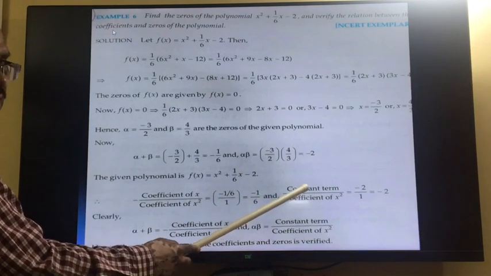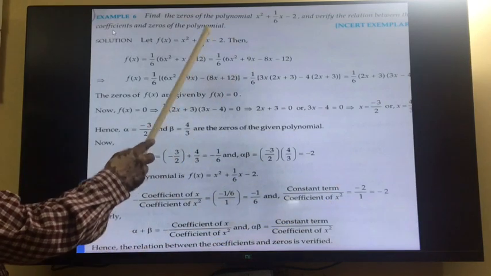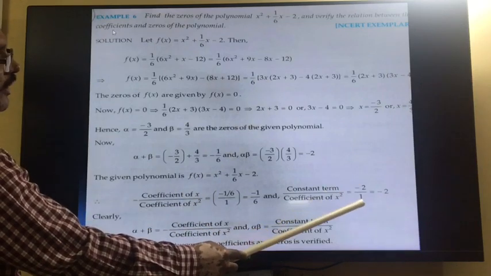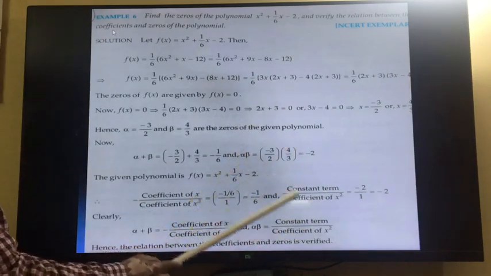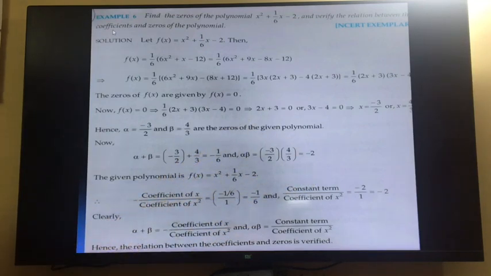Now you find out by the formula, constant term upon coefficient of x square. Constant term is minus 2 and coefficient of x square is 1. So minus 2 upon 1, it is equal to minus 2. This value and this value are same. So product of the roots is verified and sum of the zeros is verified. So both the things are verified. So we have verified the relation between the coefficients and the zeros of the polynomial.